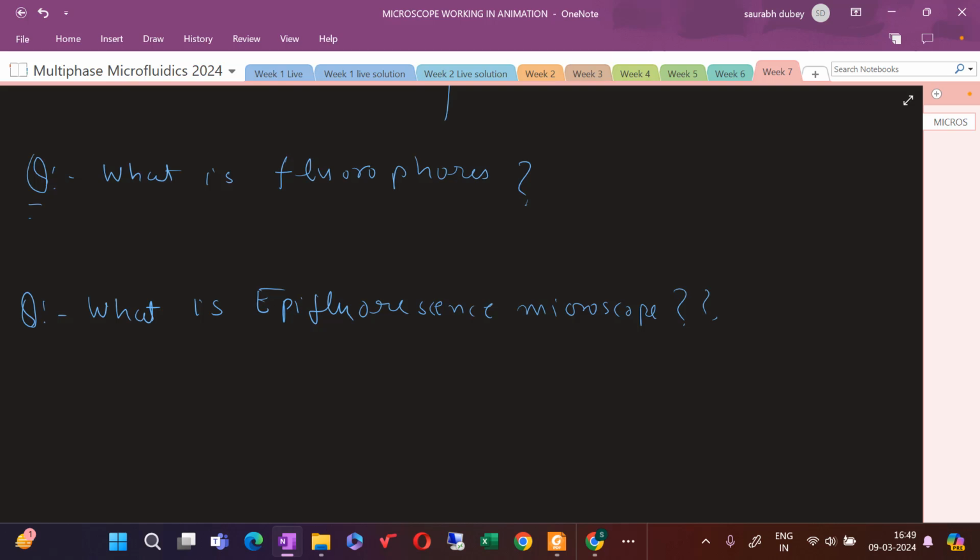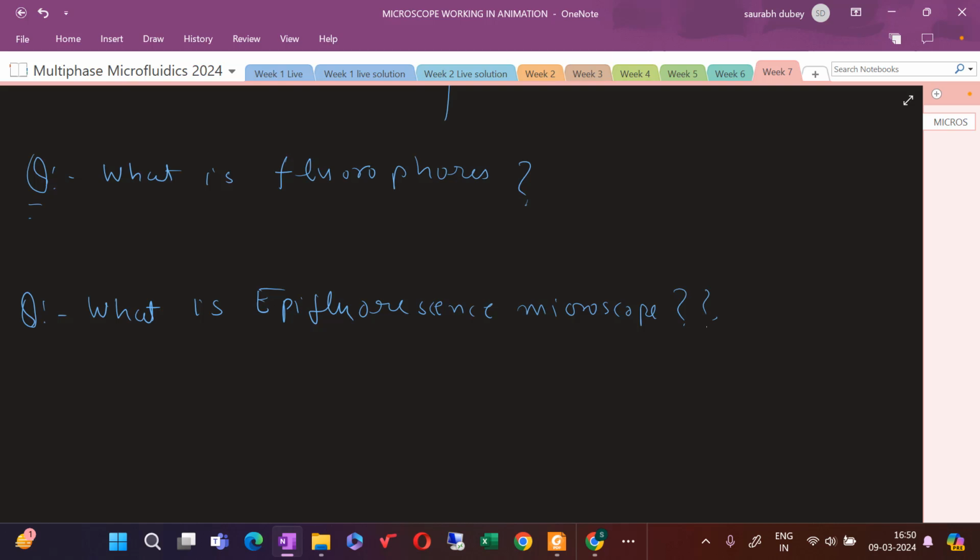If it is concentration dependent, then one can measure the concentration field. And if it is not dependent on such a parameter, then one can measure the distribution of one phase. So what can be measured? Concentration, temperature, distribution, or the fraction.